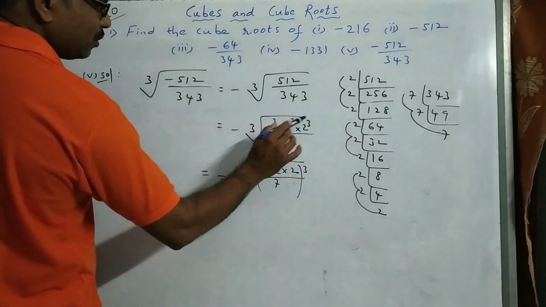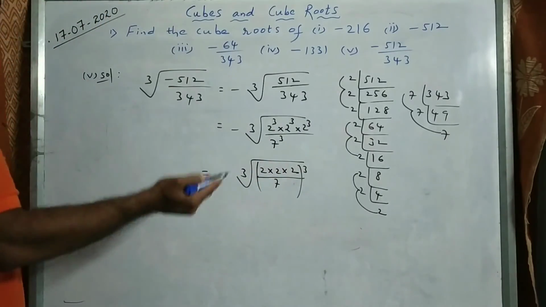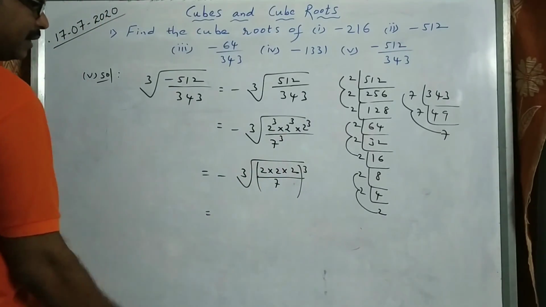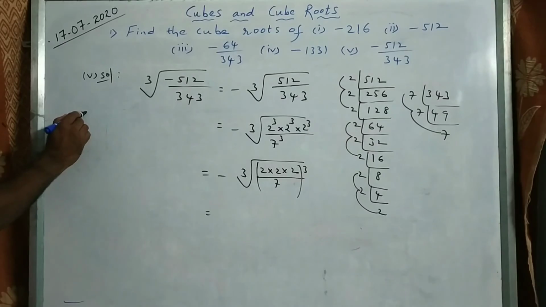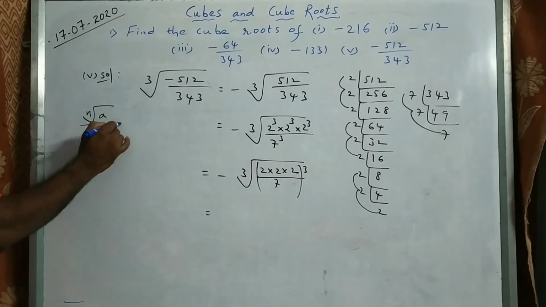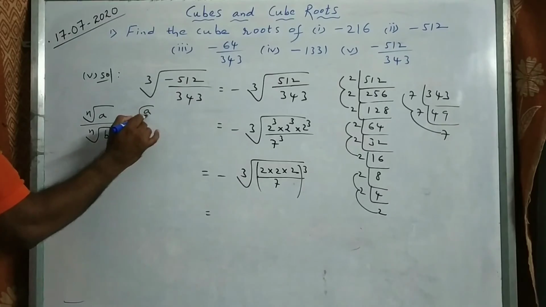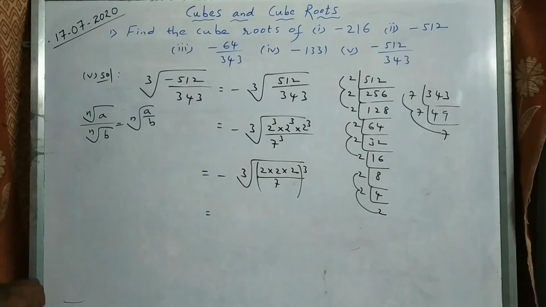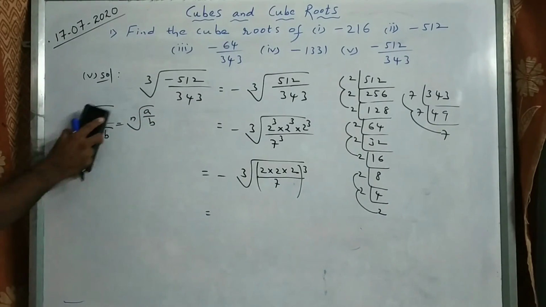Because the nth root of a by the nth root of b, we can write as the nth root of a by b. Whole we can write.